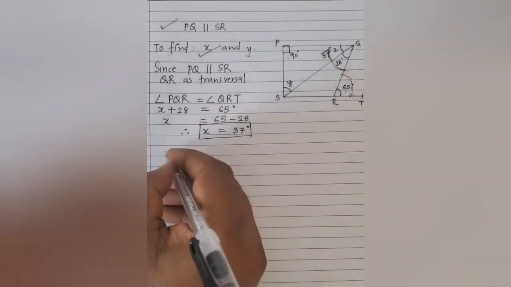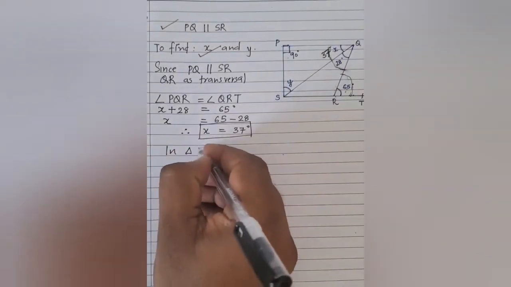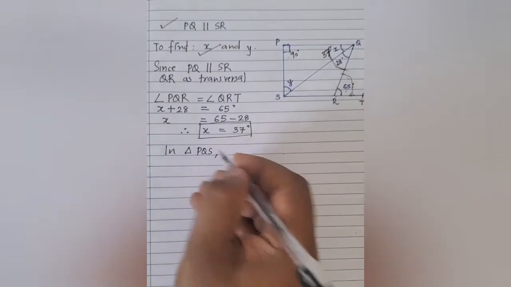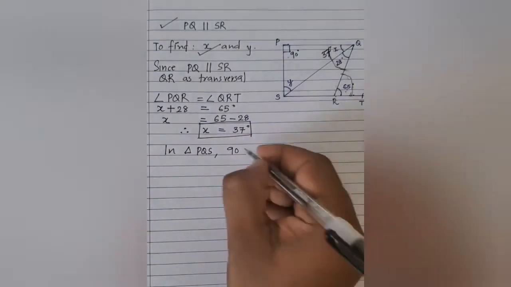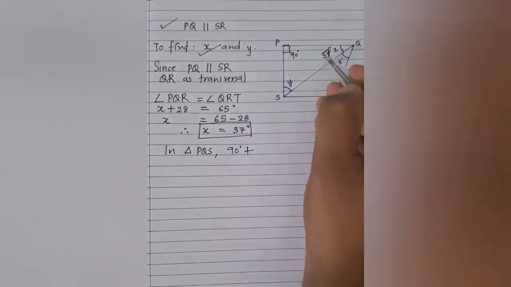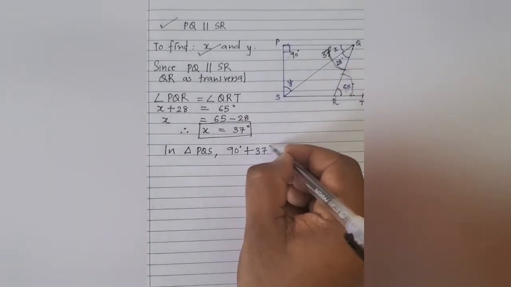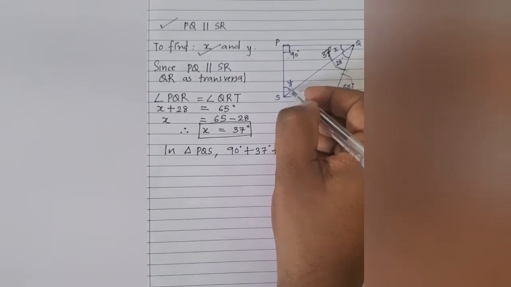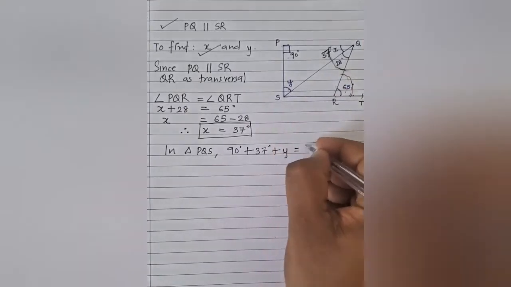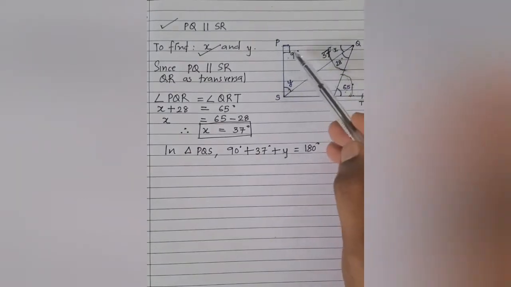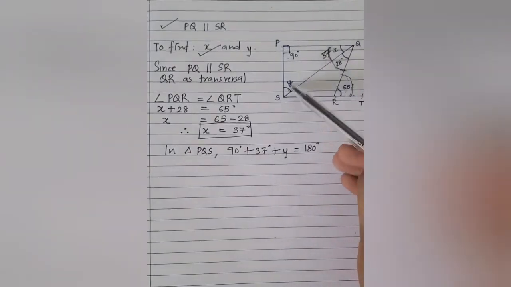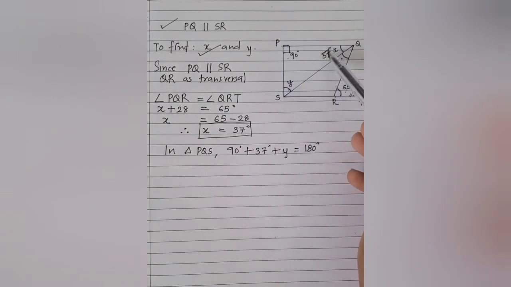In triangle PQS, what we already have is 90 degrees, and 37 degrees, and then plus this angle should be equal to 180. What's the reason? Because in a triangle, the sum of all three angles has to be 180. So 90 plus 37 plus y should be 180.